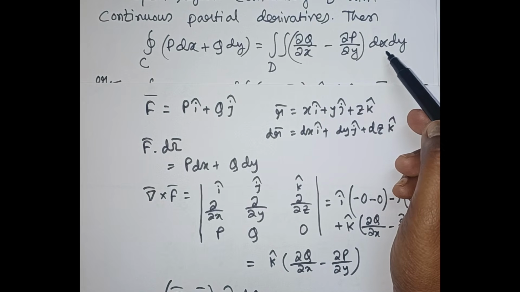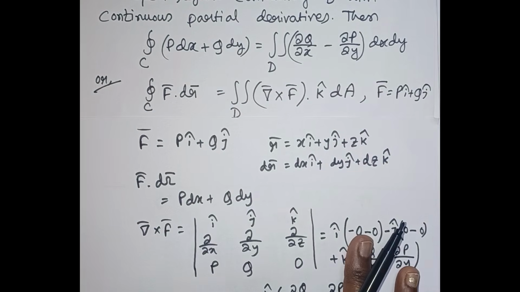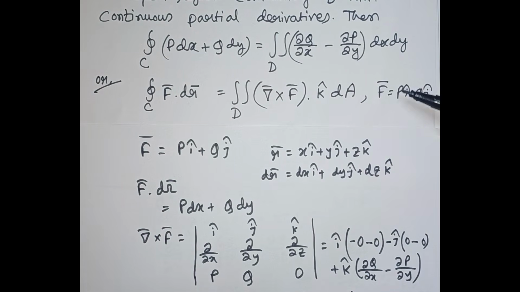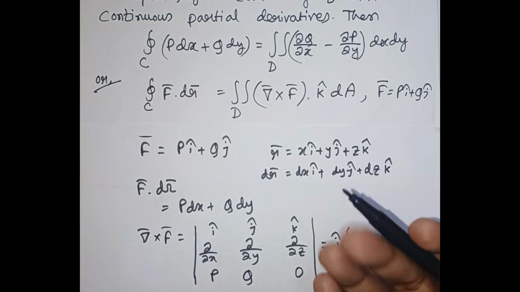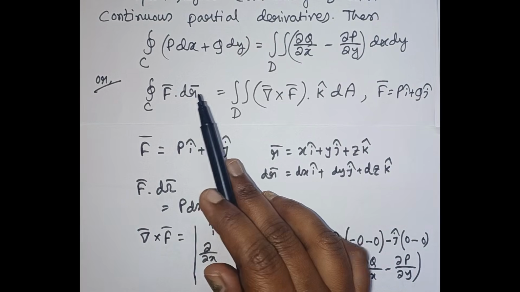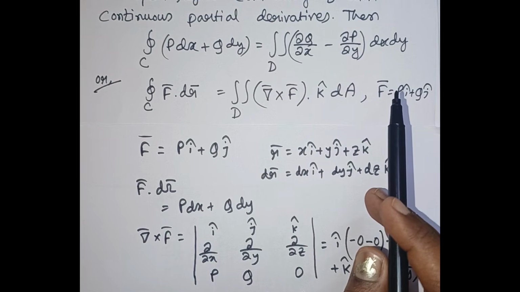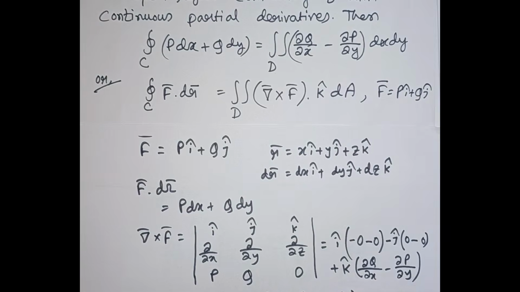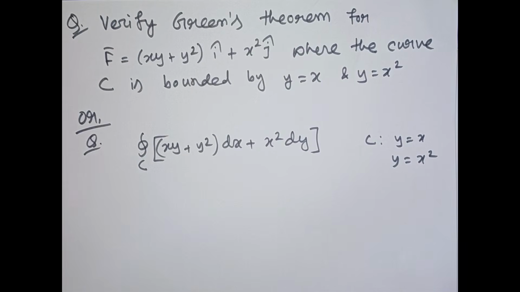Hence we can write this P dx plus Q dy in vector form. So these two are equivalent. Now there are some particular questions from Green's theorem. The first one is verify Green's theorem, and the second one is using Green's theorem you have to solve a line integral or double integral. So let us move to some questions.